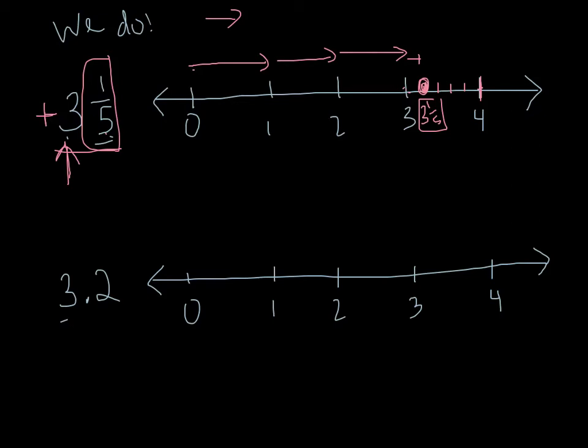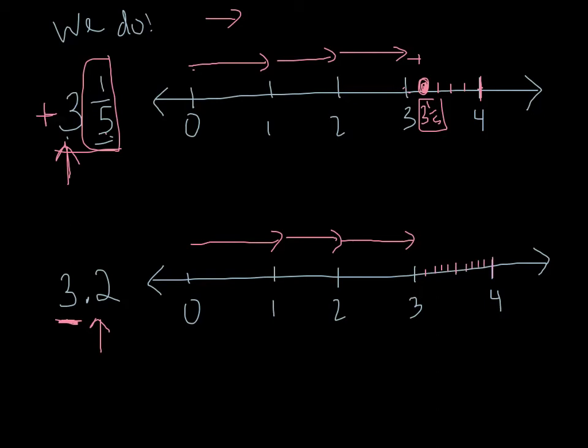Let's look at 3.2. Again, I have the whole number 3. 3 is the full amount I've covered. Starting at 0, that's 1 full number, 2 full numbers, 3 full numbers, like 3 full dollars. The 2 is in the tenths place. So I'm splitting the next amount into tenths, 10 equal pieces. 1, 2, 3, 4, 5, 6, 7, 8, 9, 10.